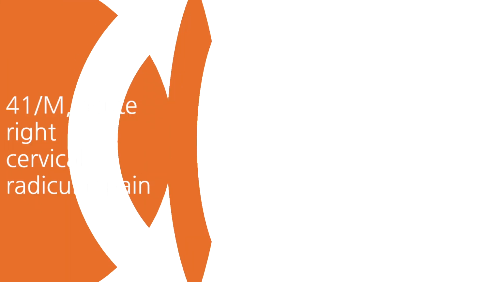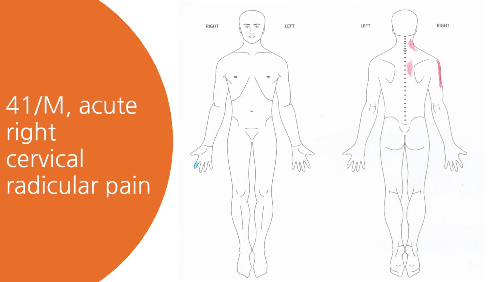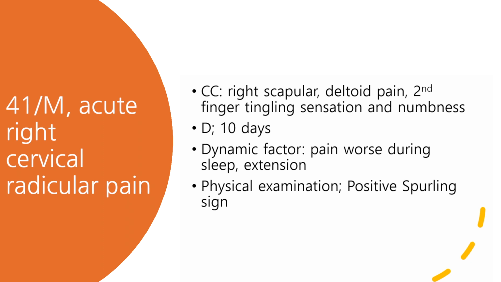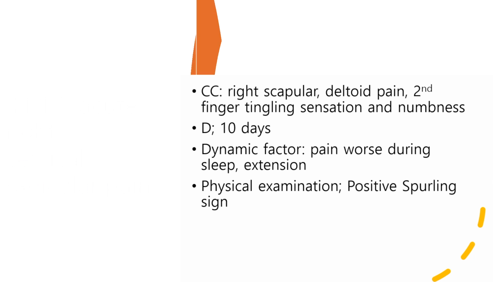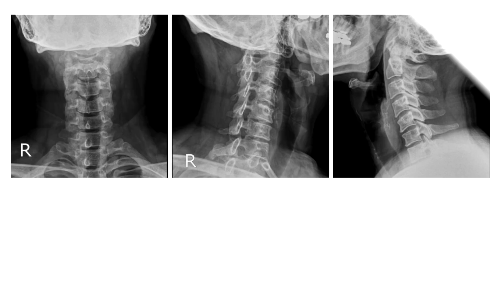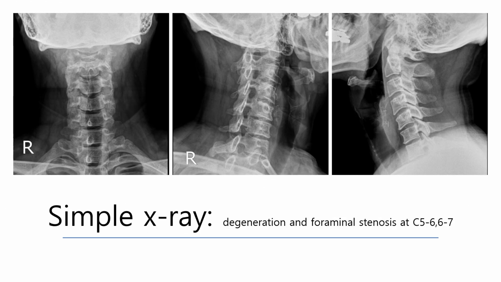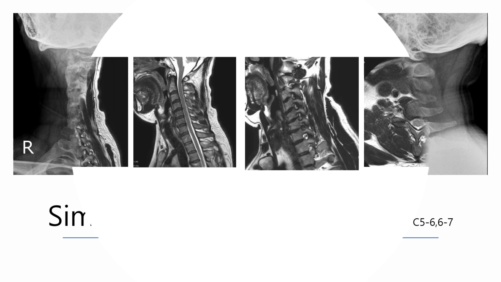Let me introduce my patient. He has right scapular and deltoid pain, tingling sensation and numbness of the second finger. He showed a positive sign on the Spurling test. His X-ray shows degeneration and foraminal stenosis at right C5-6 and C6-7 level.